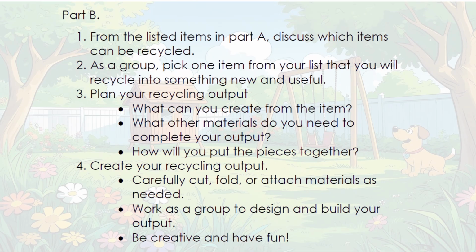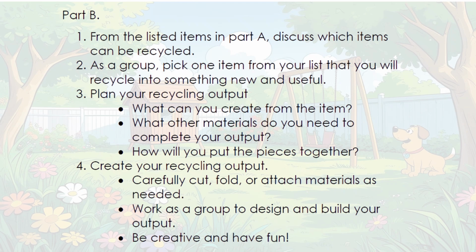Part B. One, from the listed items in Part A, discuss which item can be recycled. Two, as a group, pick one item from your list that you will recycle into something new and useful. Three, plan your recycling output. What can you create from the item?